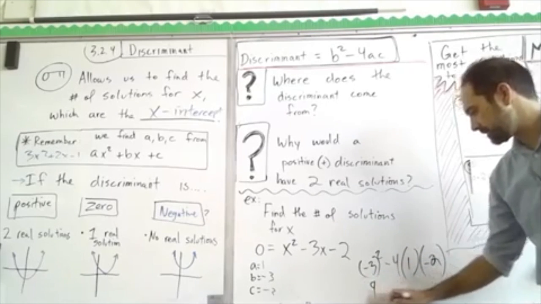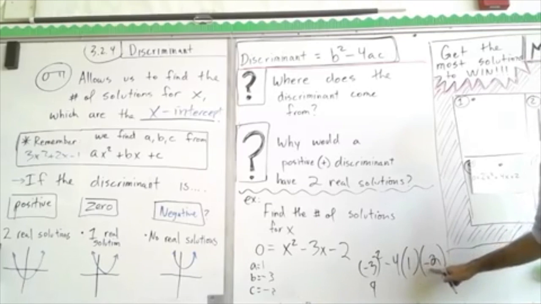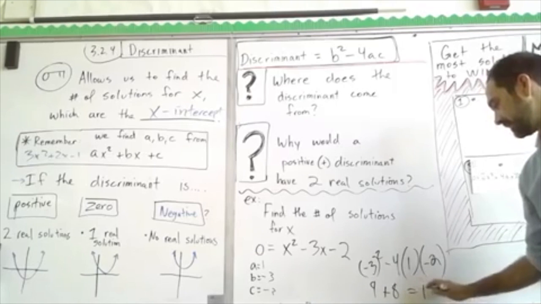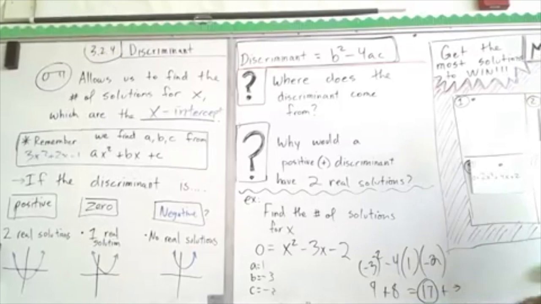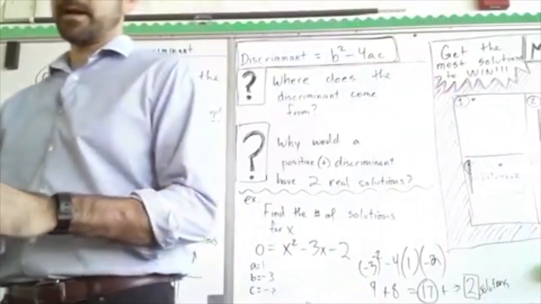We get 9, and -4 times 1 times -2 is 8. All together, 17. So we know that it's positive, so we know how many solutions? 2 solutions. Pretty easy process, right? All right, that concludes the video for today.